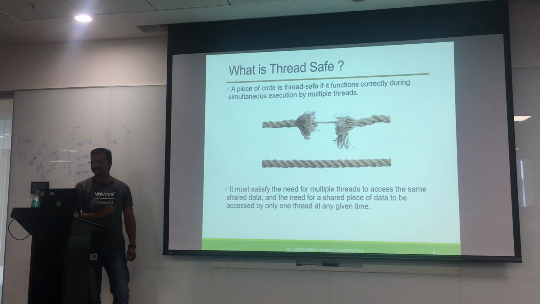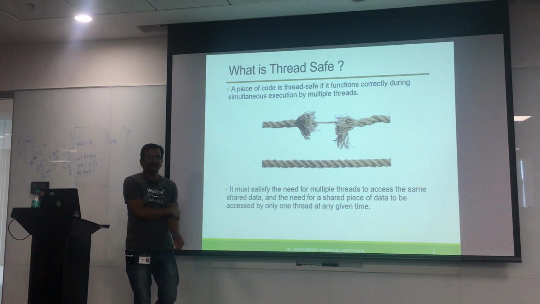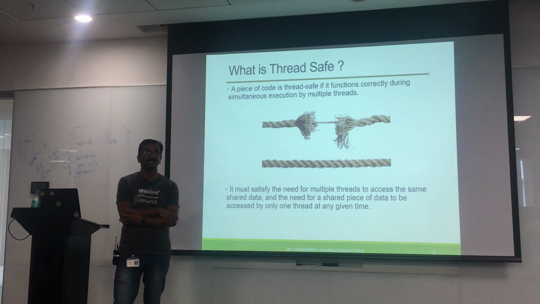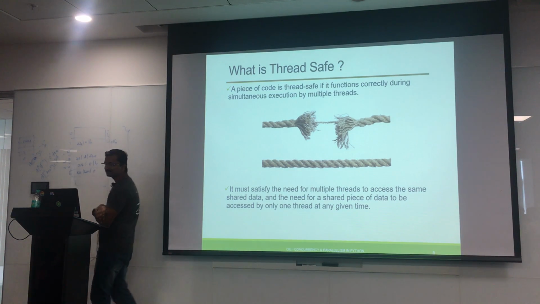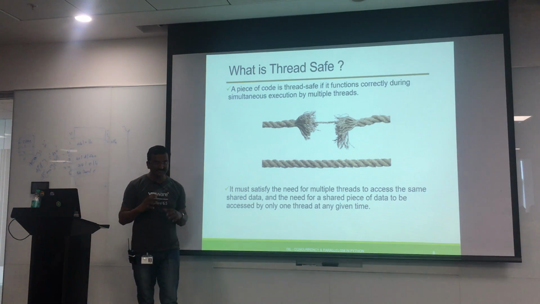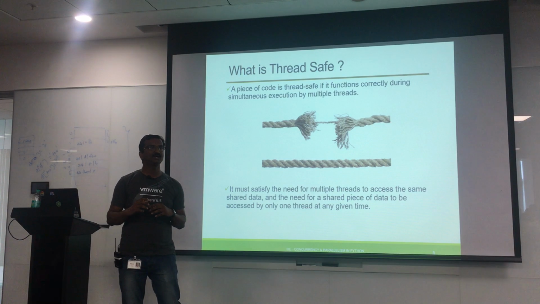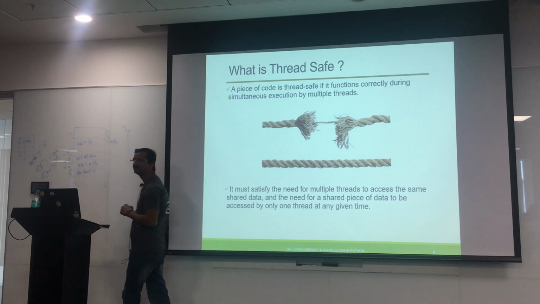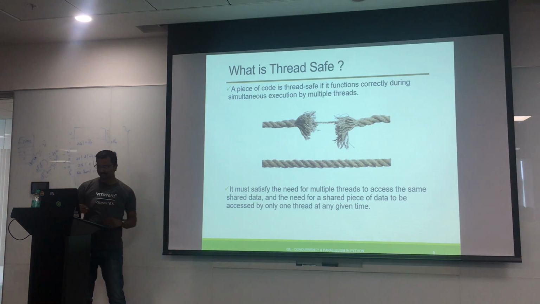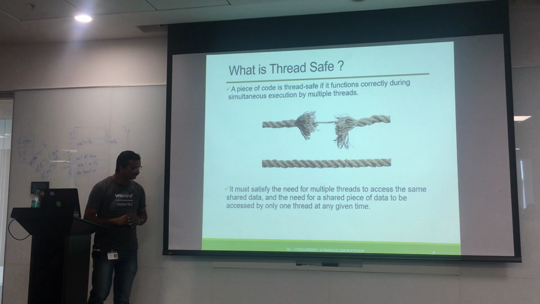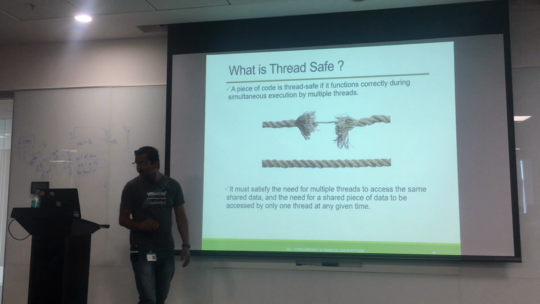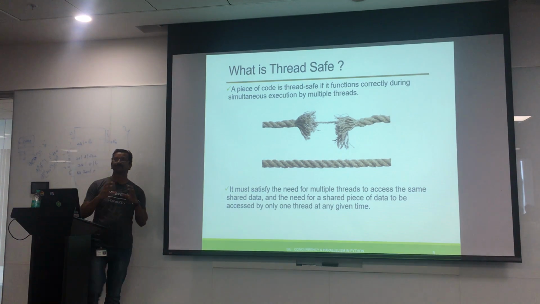In that case, we need the thread safety feature. You would have encountered this a lot: is this class or this library thread safe? So what is thread safe? A piece of code is thread safe when it functions correctly even if it is executed on multiple threads simultaneously. Simultaneously, I mean, we'll talk about how much.